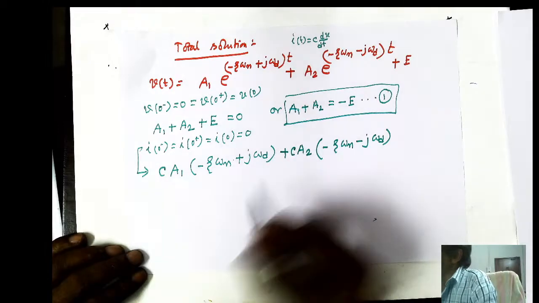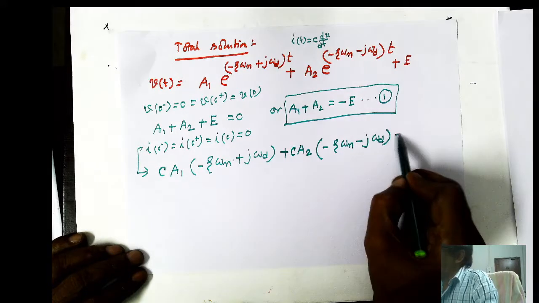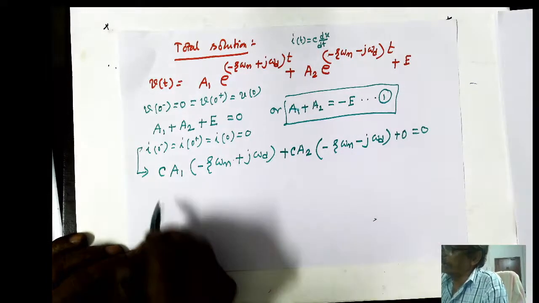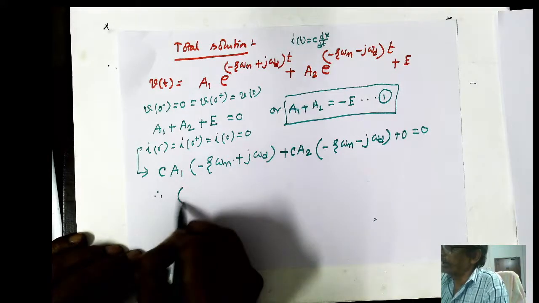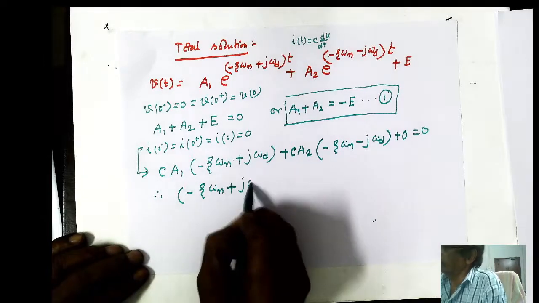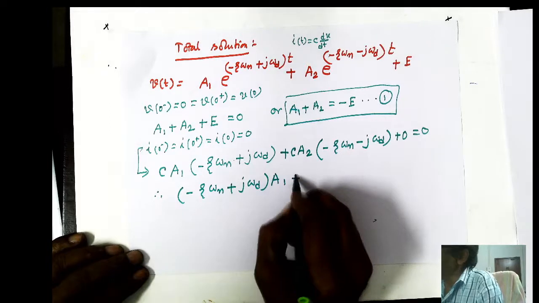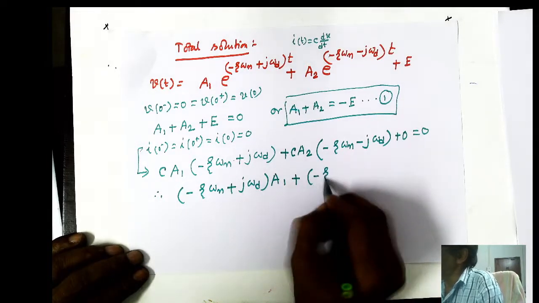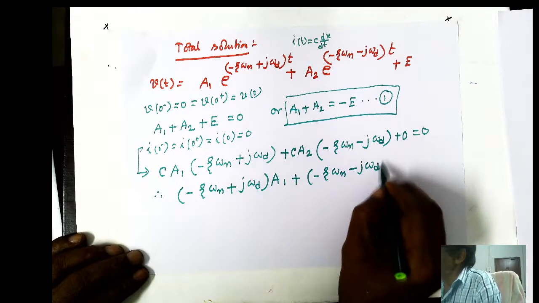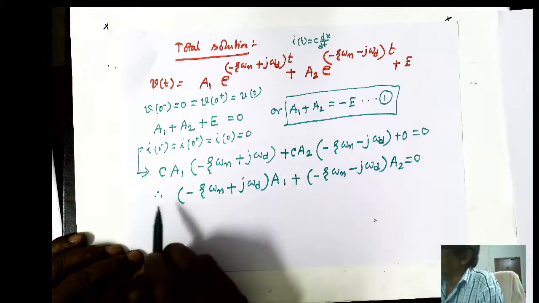And differentiation of this constant term is 0, so plus 0, and this is equal to 0. Therefore, you get that minus zeta omega n plus j omega d into A1 plus minus zeta omega n minus j omega d into A2 is equal to 0. And this is the second equation, mind you.